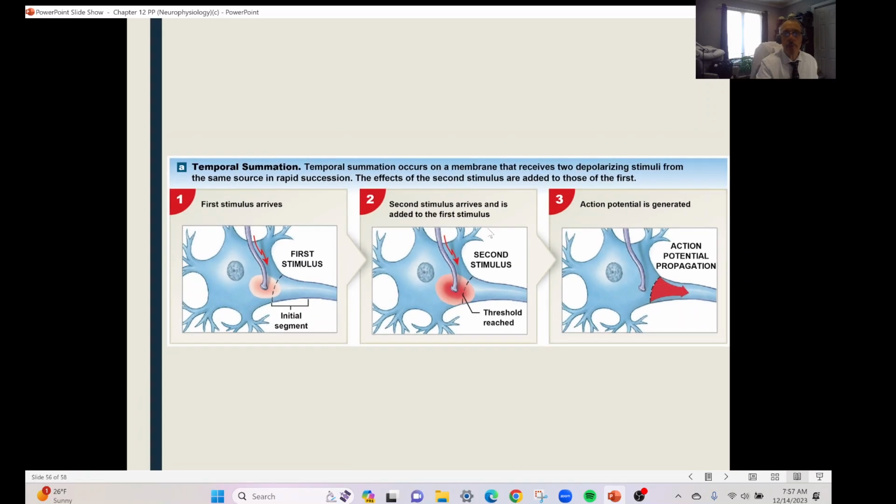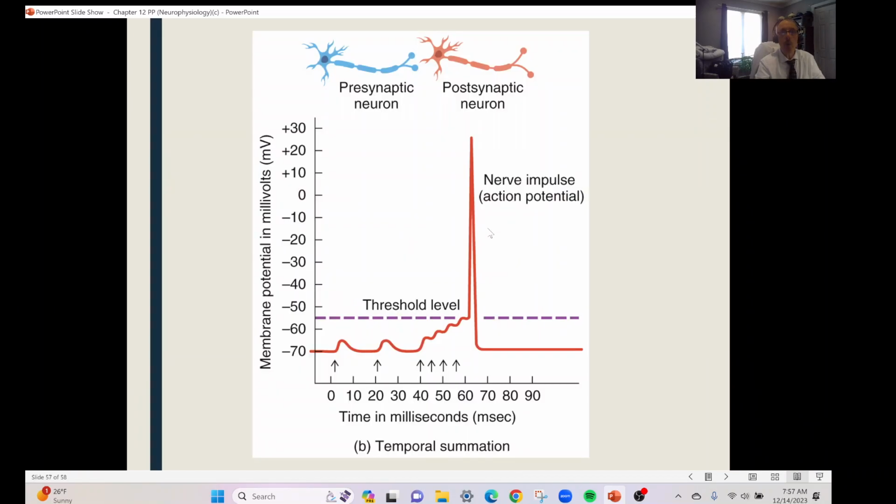So the concept with temporal summation is we have one neuron repetitively shooting at another neuron. So if you look here, this neuron is firing on this neuron. It fires once, we get a graded potential that goes up a little bit. It fires again, and then again, and then we get to threshold, and then it fires, right? These would all be like sub-threshold stimuli.